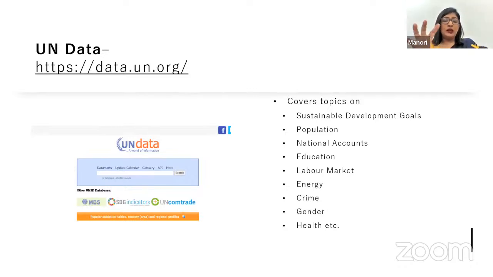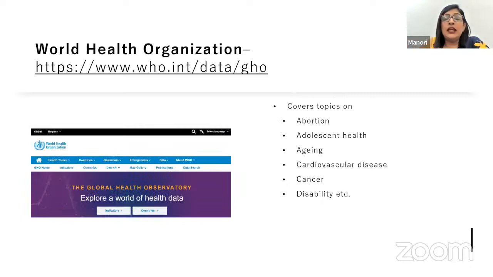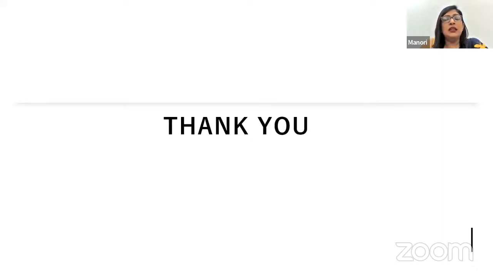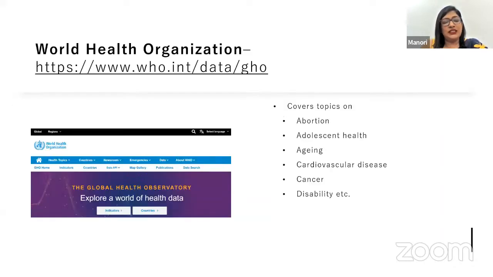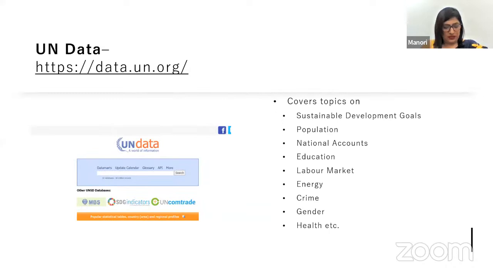Those are not research studies, those are data, with findings based on the data. And the World Health Organization is a very good database if you are doing something related to health. So those are the search sources I think, because I had very limited time.